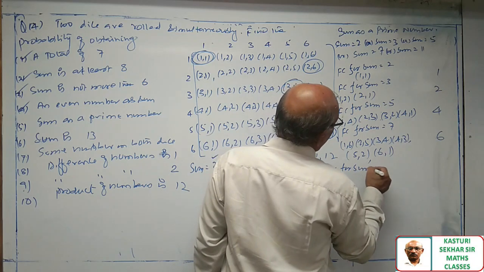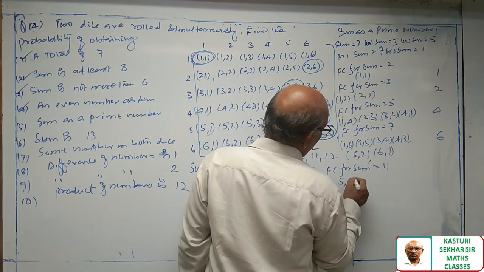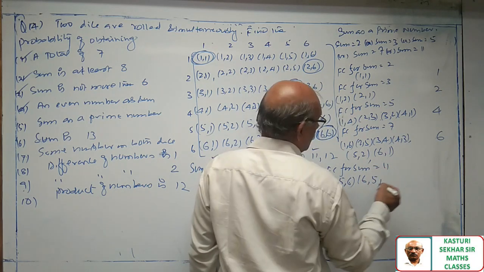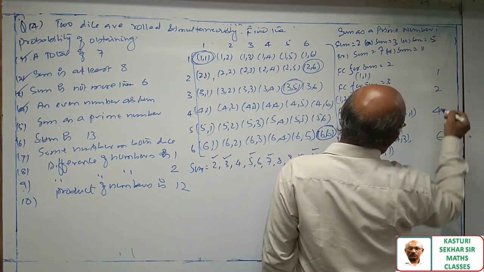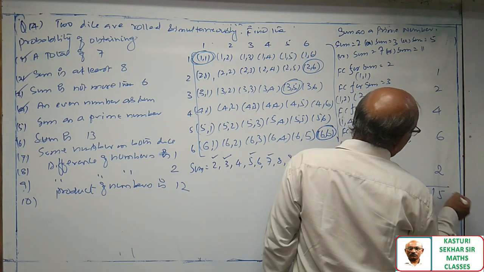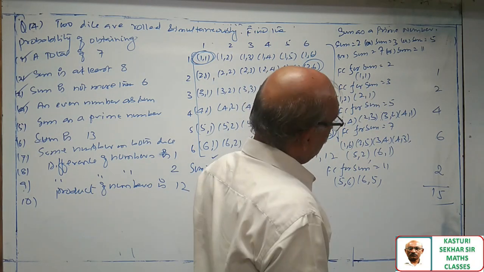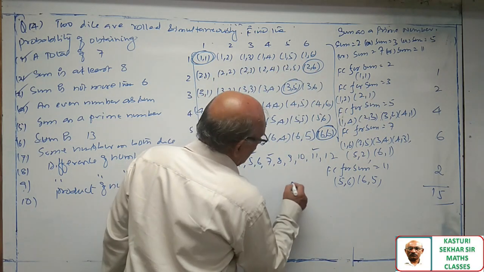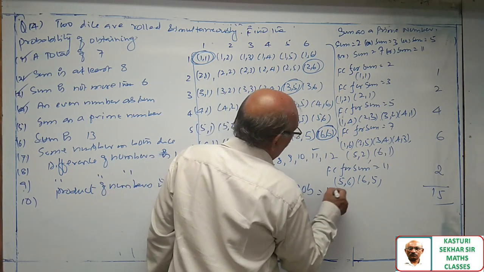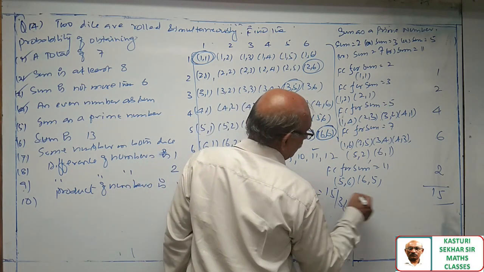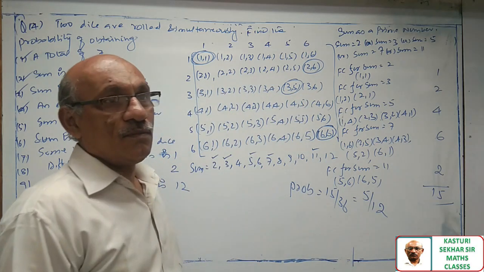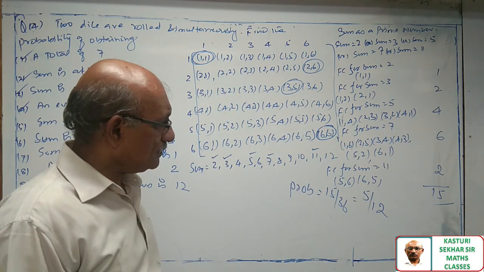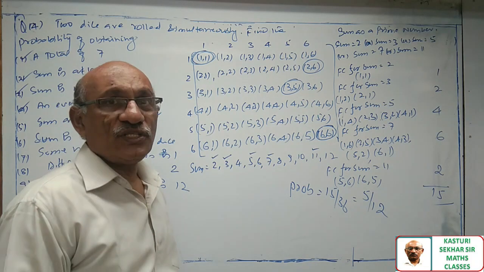For sum is equal to 11: 5 comma 6, 6 comma 5, 2 cases. So 1, 3, 7, 13, 15. Probability is equal to 15 by 36, which is 5 by 12. Okay. Note down the solution, sir.